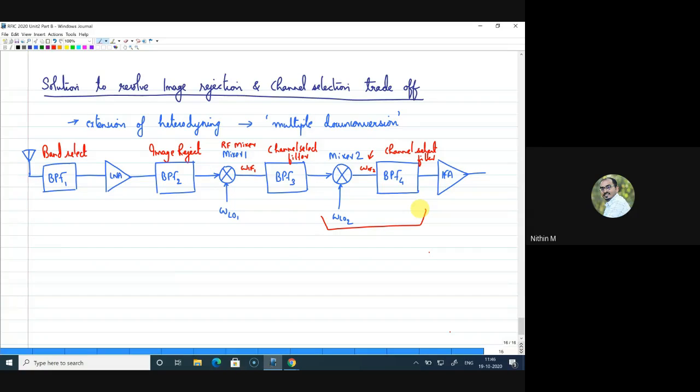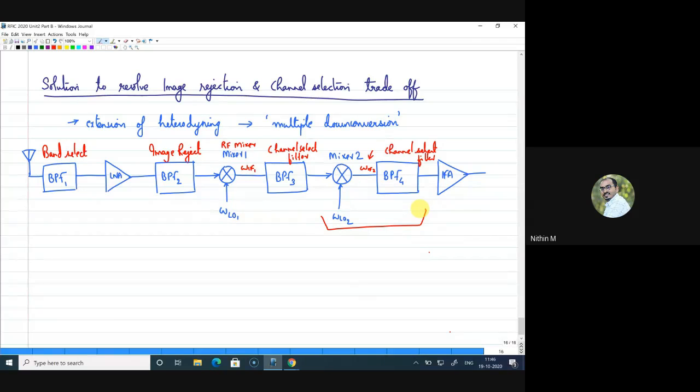Right. So in a simple heterodyne receiver, the trade-off between image rejection and channel selection is, in fact, very, very severe. So to resolve that, what we are doing is a simple technique of extending this heterodyning process. That is, we are employing multiple down conversion.